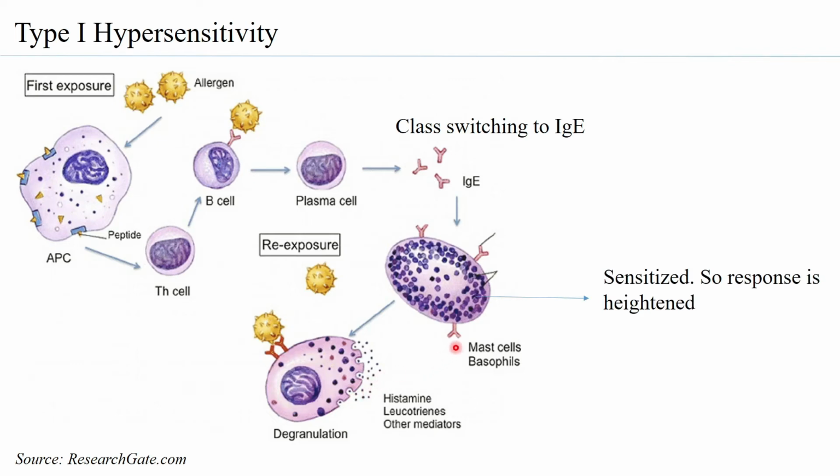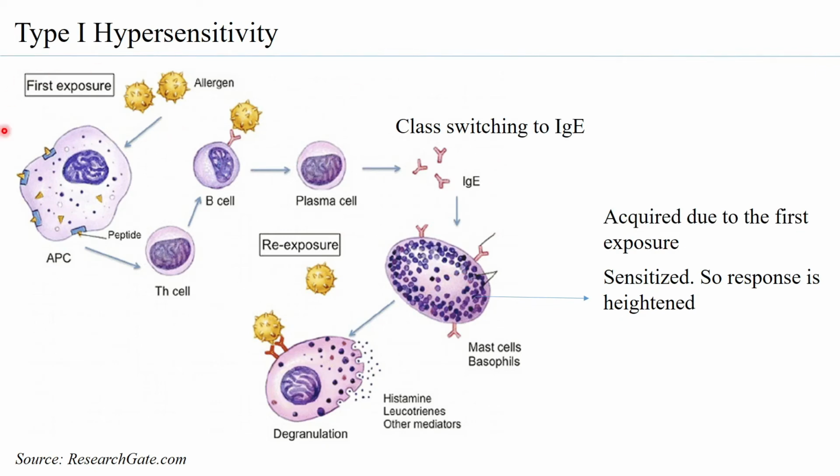So very clearly, the sensitized mast cells are able to give a very fast response, and that too a very heightened response. So it does not take all this while to reach the stage. Immediately as the allergen comes in, you can have the response happening because the mast cells are already sensitized, the basophils are already sensitized. So we can say that it is an acquired reaction.